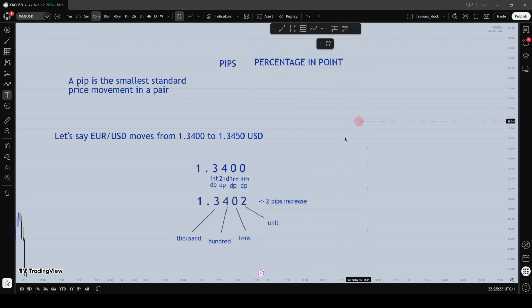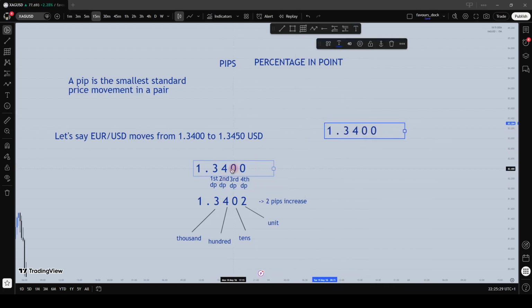Let's do examples now. So this is the main guy, 1.3400. If price changes from 1.3400 to 1.3405, how many pips increase? 5 pips from the unit.